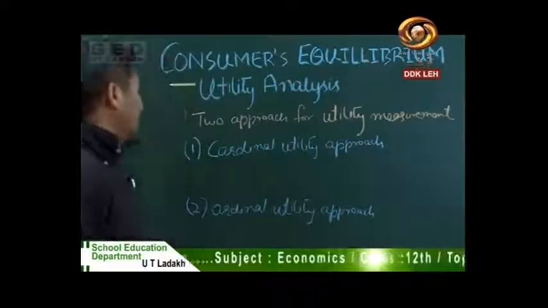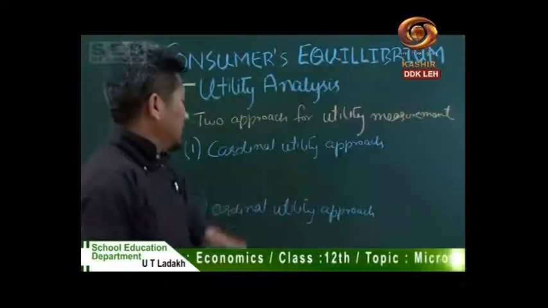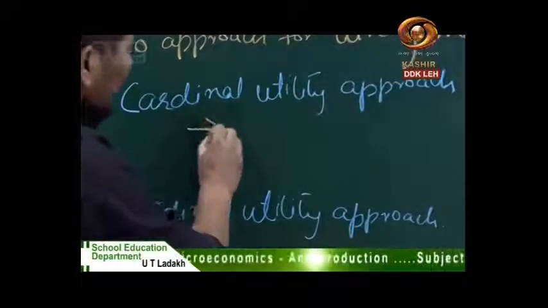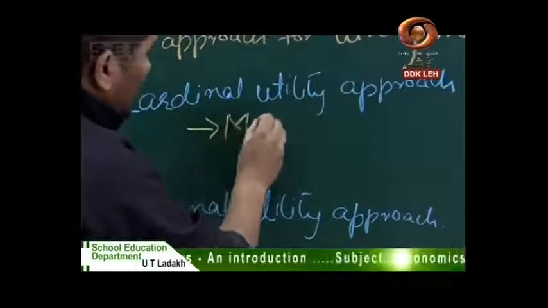Okay, so now what is the difference between these two approaches? The cardinal utility approach was given by an economist. His name is Marshall.